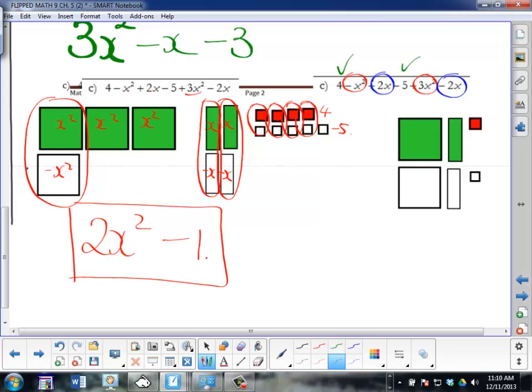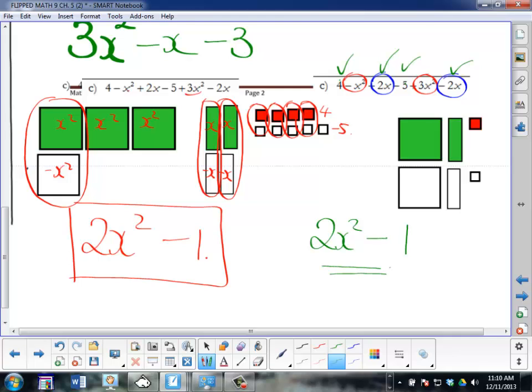So the 3x squared minus the 1x squared, okay, the coefficient is effectively 1, gives us the 2x squared. The 2x and the minus 2x, they add up to 0, so we've got no x's, so we just leave that blank. And then we've got the plus 4 and the minus 5. 4 minus 5 is going to be minus 1.